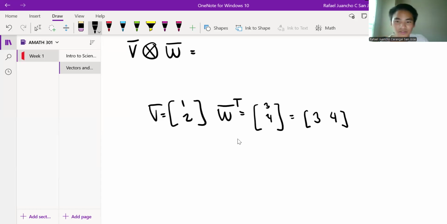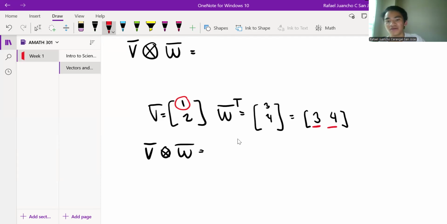If we get the outer product of this, the way I think of this is I go through the first element of the first vector, and then I multiply it to each of the elements in the row vector. So that's how I like to think of it.